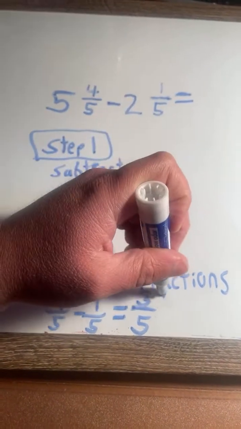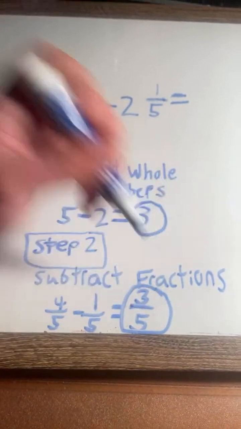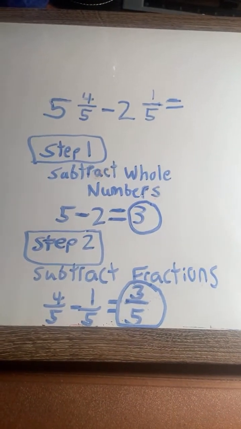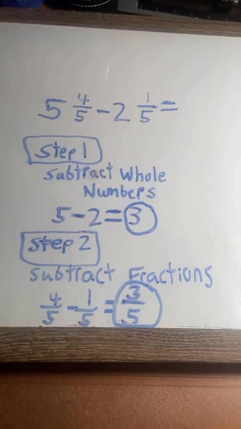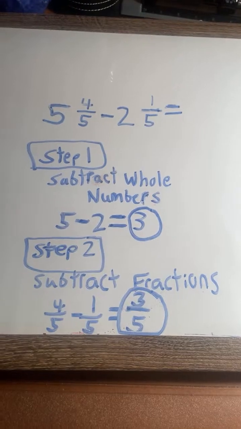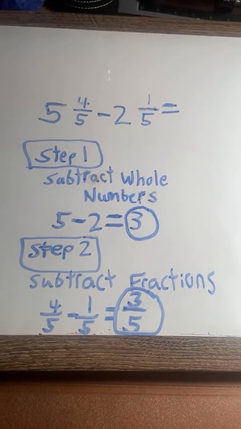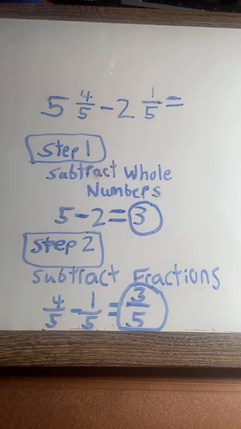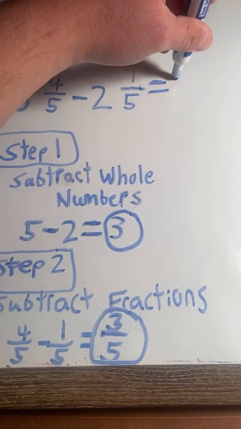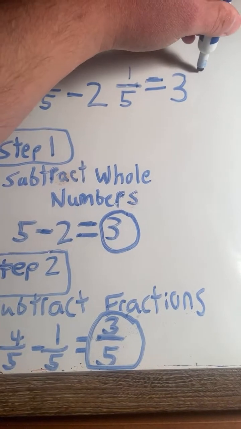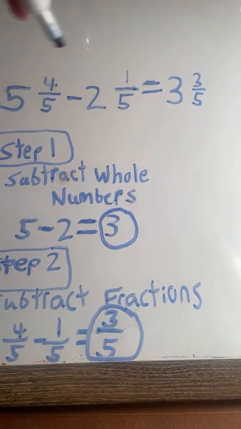So 3 is our whole number. 3/5 is our fraction. So now we simply put it all together. So 5 and 4/5 minus 2 and 1/5 equals 3 and 3/5.